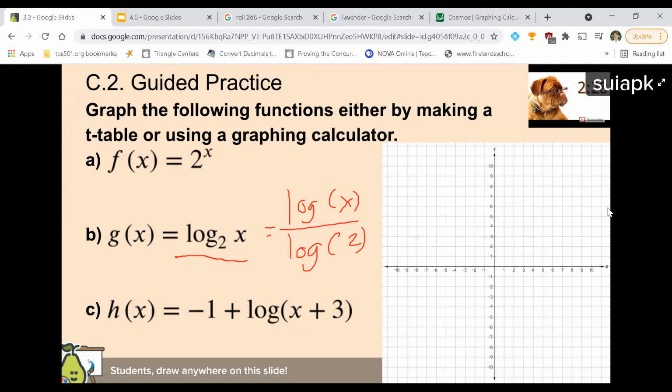Yes, that works. Okay, show me how you get it. Oh, there you go. That used to not exist. I think all the calculators have it now.